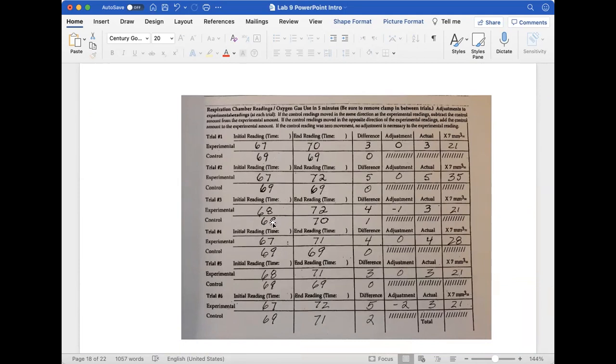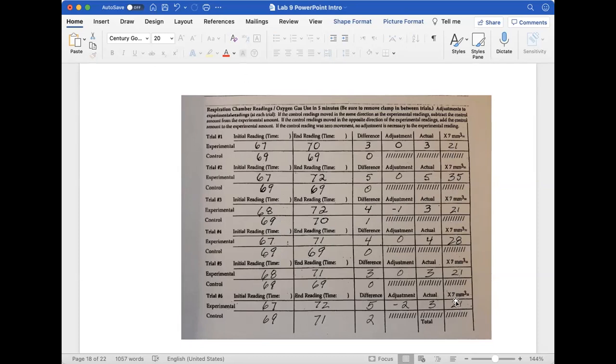However, if you do see a control volume change, you'll see the difference notated here, and then you'll see an adjustment done to the volume in the experimental group, because they're assuming that if something in the room made a change to the control, it'll also affect the volume in the experimental group. So pretty much what you need to be concerned with is just this final column.